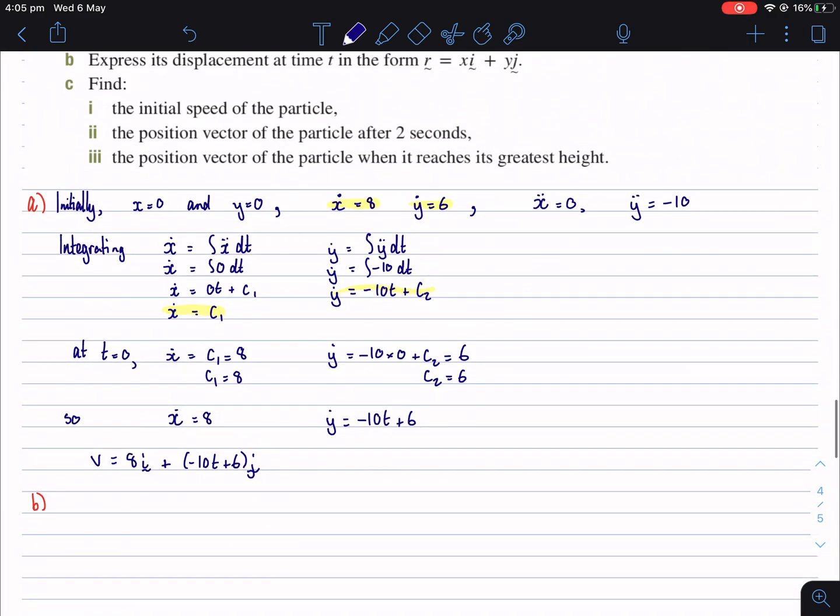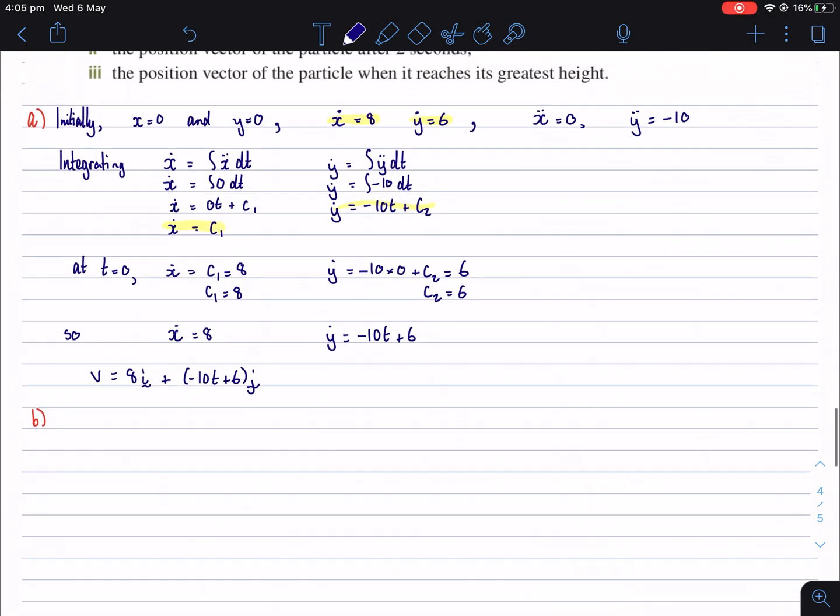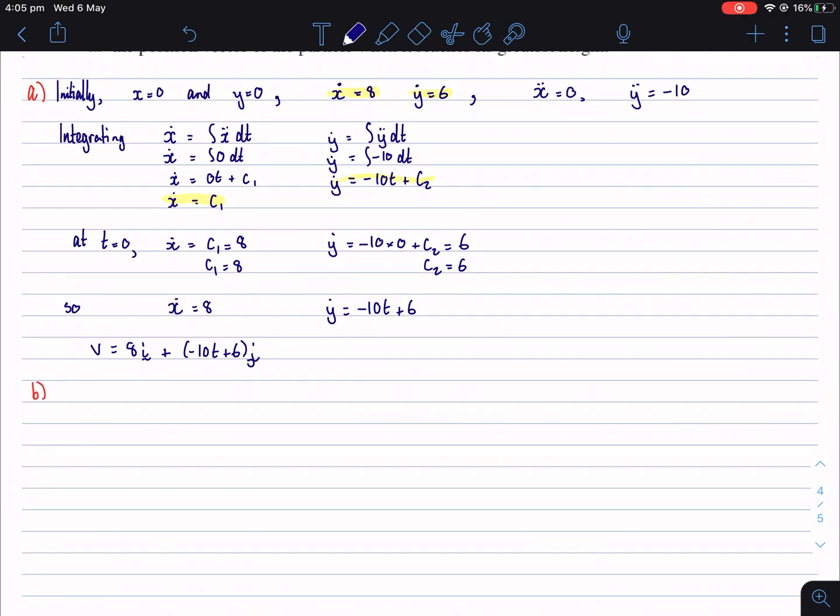Express the displacement at time t in that form. Okay, so we're going to do something really similar for the displacement. So integrating, we know the displacement is the integral of the velocity with respect to t, which means we're integrating 8 dt. So we've got 8t plus, I'm going to just call it c3.